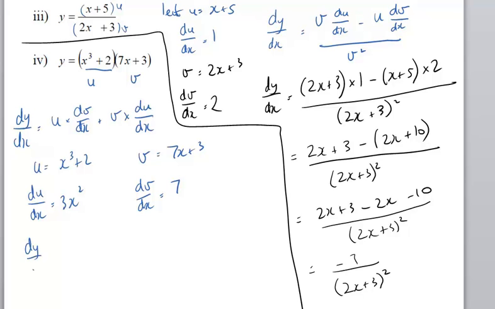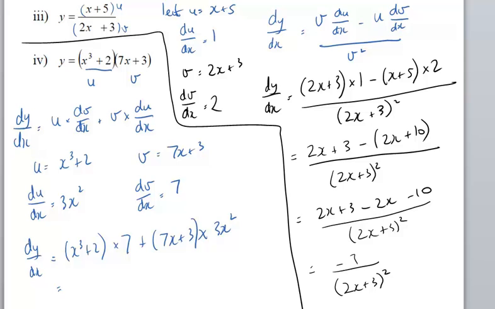So our dy on dx is equal to u, x cubed plus 2, multiplied by dv on dx, 7, plus our v, 7x plus 3, multiplied by our du on dx, which is 3x squared.